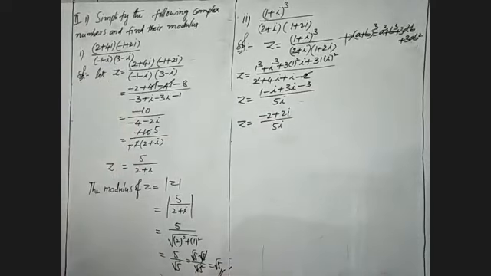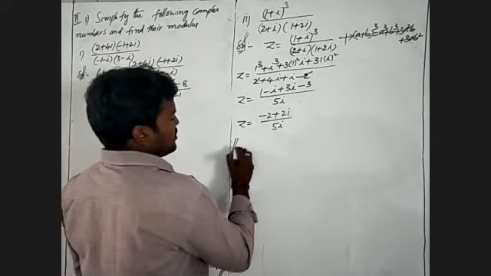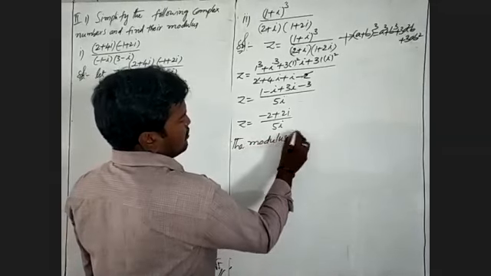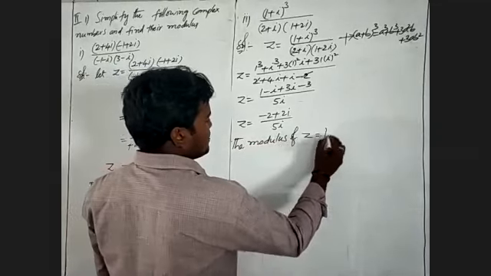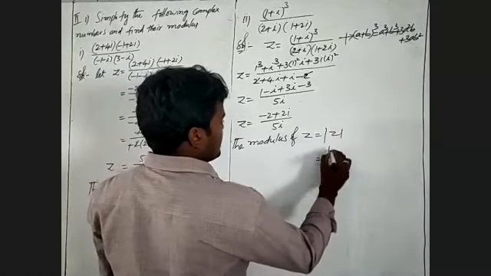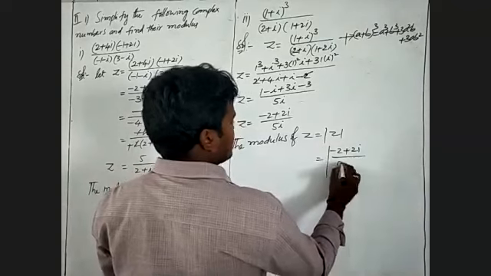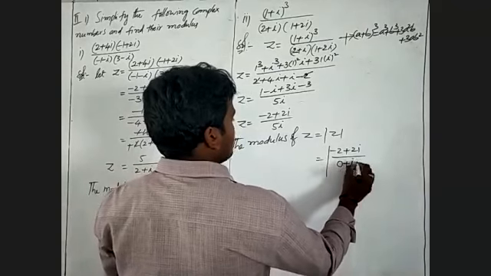This is the given complex number, but we have to find the modulus. The modulus of z is nothing but mod z, that I will write as minus 2 plus 2i by the denominator 0 plus i into 5.